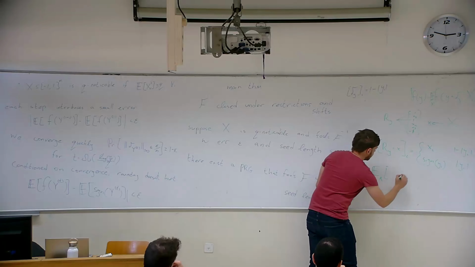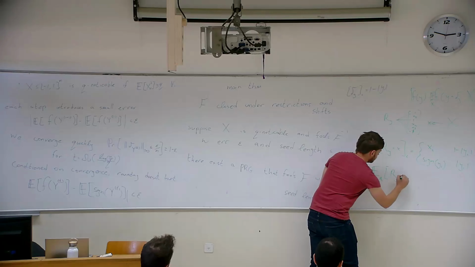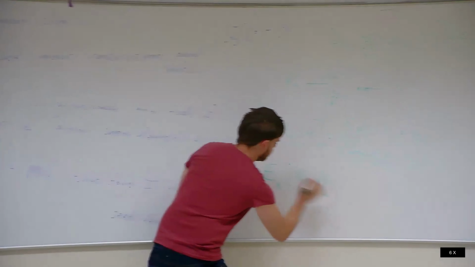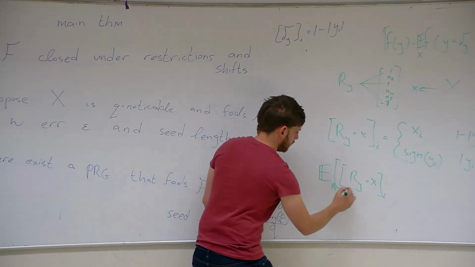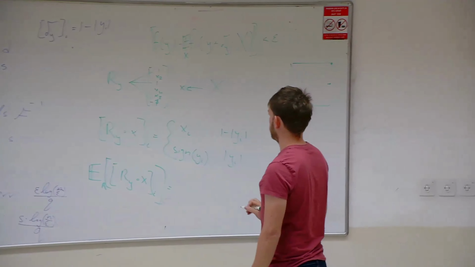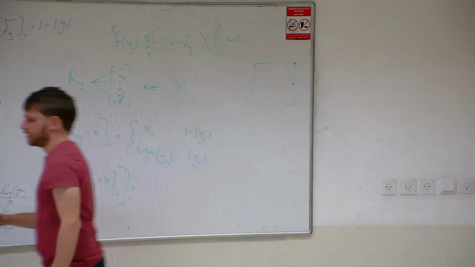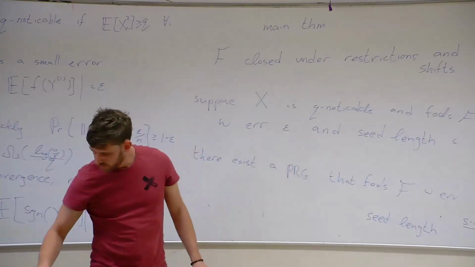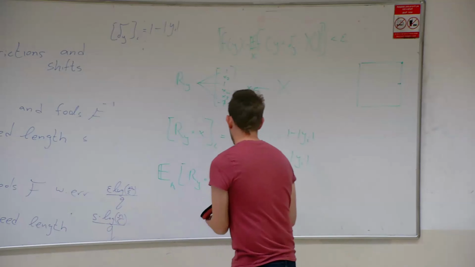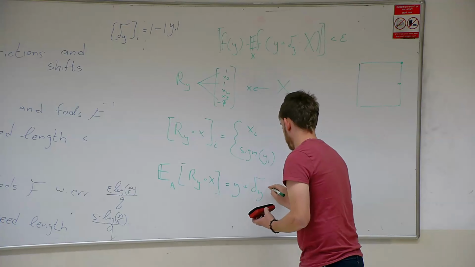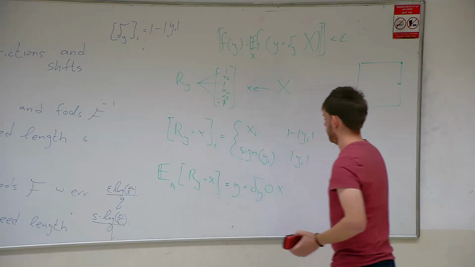So the expectation over r, y, and x in the i-th coordinate is y plus delta y times x.